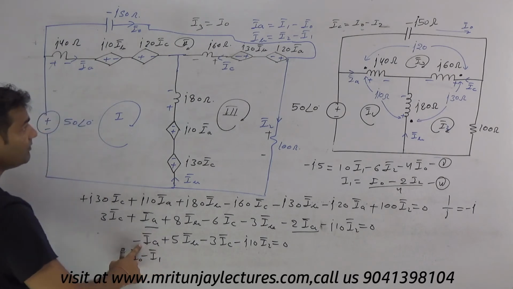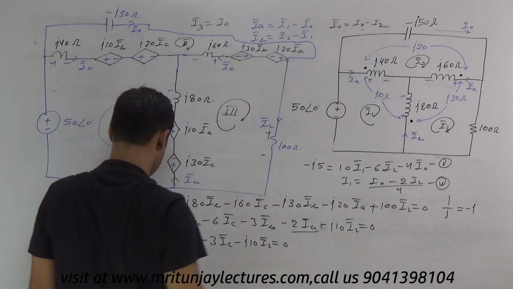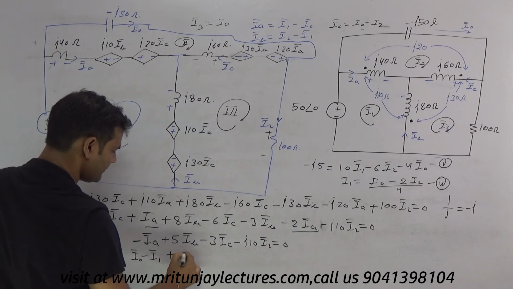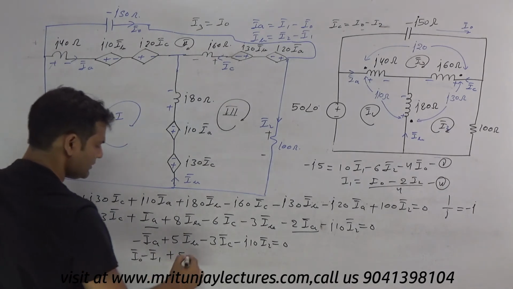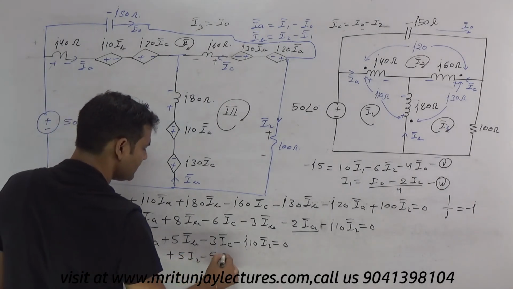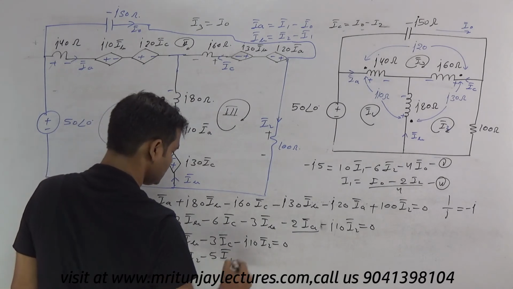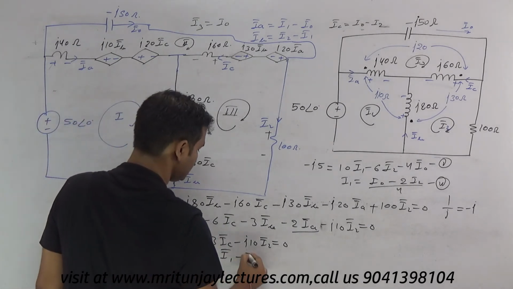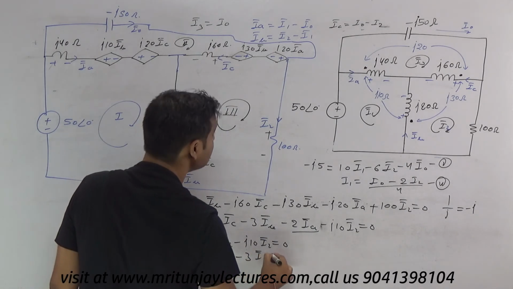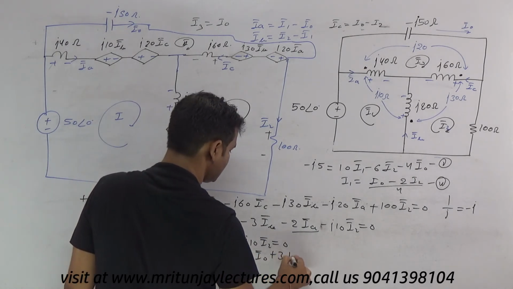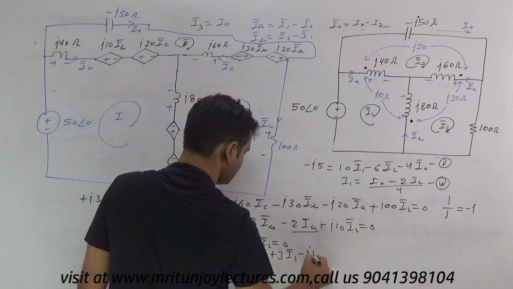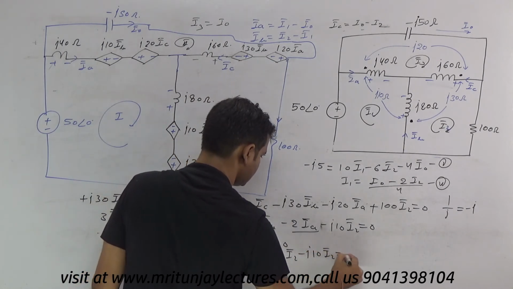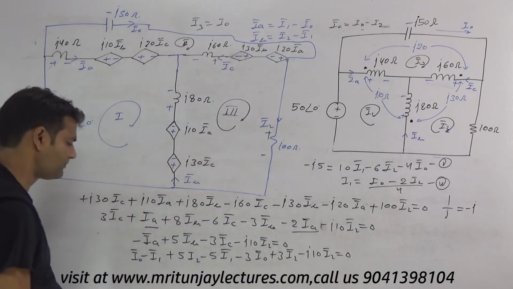Clear? If multiply by minus, so that's why plus 5 IB, that is 5 I2 minus 5 I1, minus 3 IC, well, 3 into I naught plus 3 into I2 minus J 10 into I2, this will equal to 0. Clear?